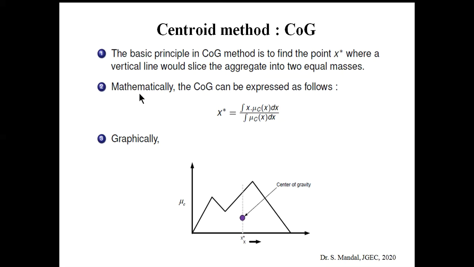Mathematically, COG can be expressed, and this center of gravity denotes the defuzzified output or crisp value. So x star or x dash will be the integration of x mu c(x) dx divided by the integration of mu c(x) dx. Graphically it can be expressed like this.